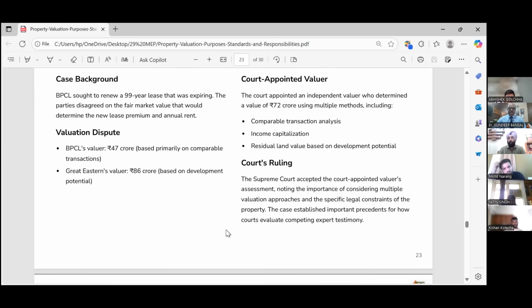So the Supreme Court accepted the court-appointed valuer's assessment, noting the importance of considering multiple valuation approaches and the specific legal constraints of the property. The case established an important precedent for how a court evaluates competing expert testimony.